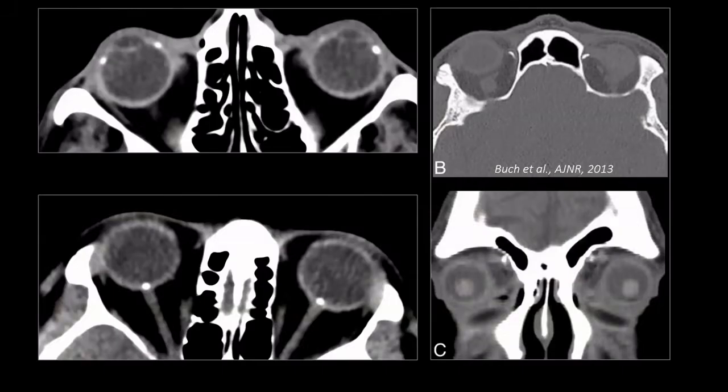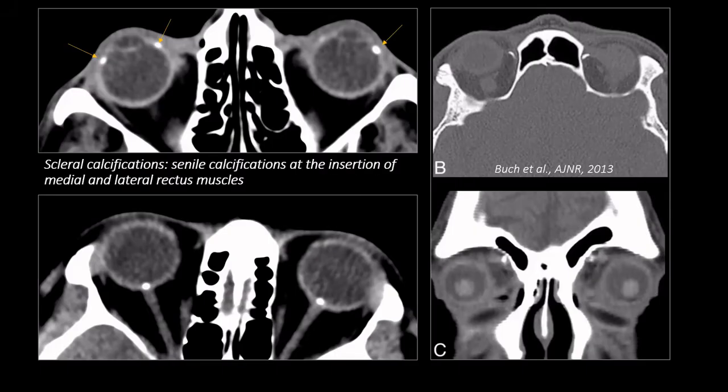If you look at the upper image on the left, you see these very small calcifications located along the eyeball. Okay, and these correspond to senile calcifications at the insertion of the medial and lateral rectus muscles. They are a very frequent finding on CT studies, especially in elderly patients.